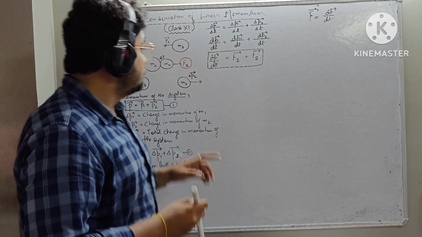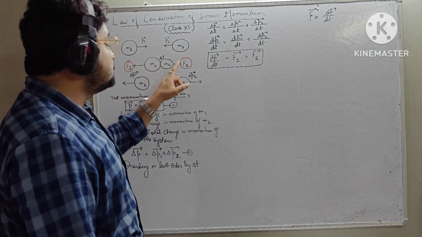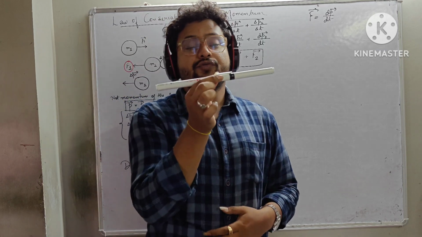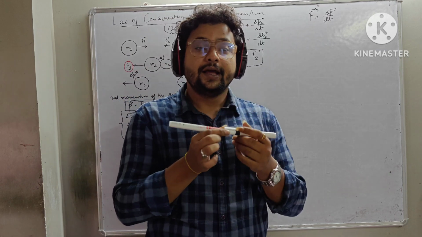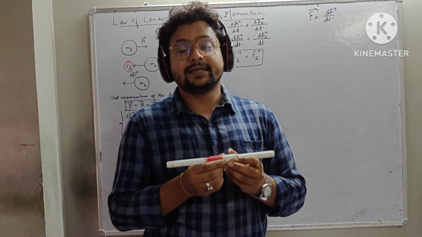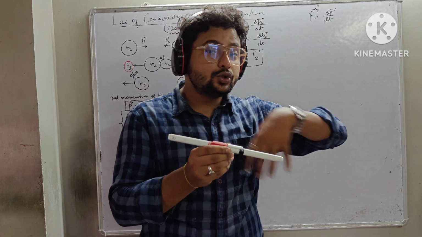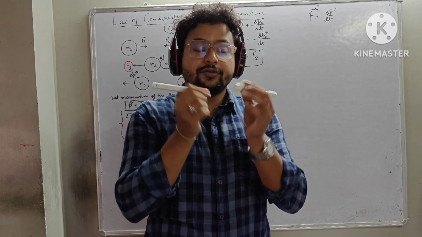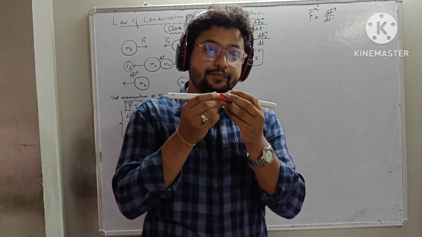At what time are these two forces acting on these two bodies? When the objects are colliding, at that time these two forces are acting on them. I have considered that these two bodies make up a system. That means there are no other bodies around these two bodies.